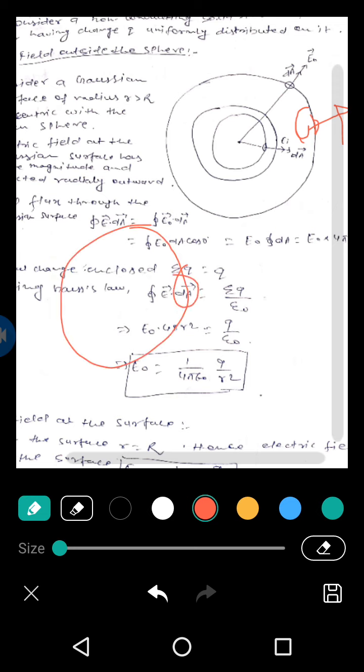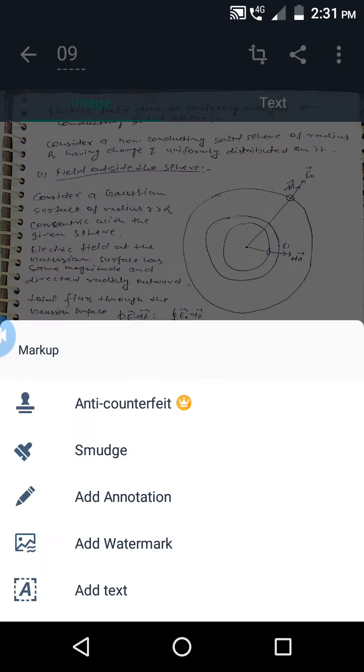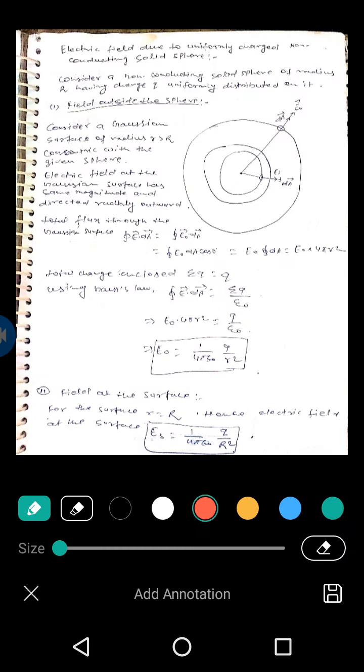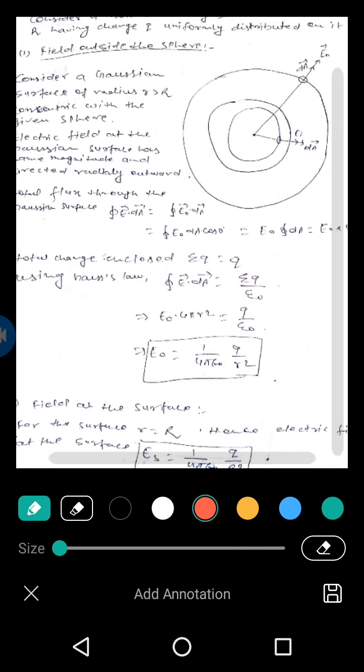Area vector is also normally outward on the surface. Now total electric flux linked through the surface is phi equals E into surface area of this sphere, 4 pi r square.